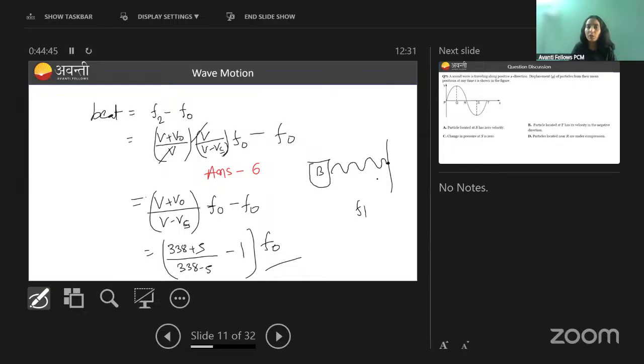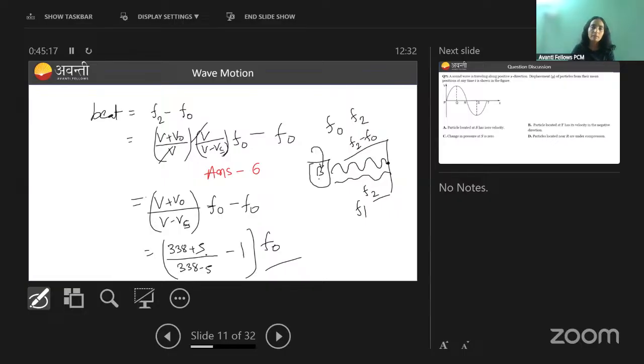And the frequency of the reflected sound heard by the person inside the bus is F2. So what is the beat number? The person is only hearing two sounds: one originally released by the horn, of frequency F0, and another reflected sound, of frequency F2. So the beat will be simply F2 minus F0 or F0 minus F2, depending on whether the frequency is higher or lower.